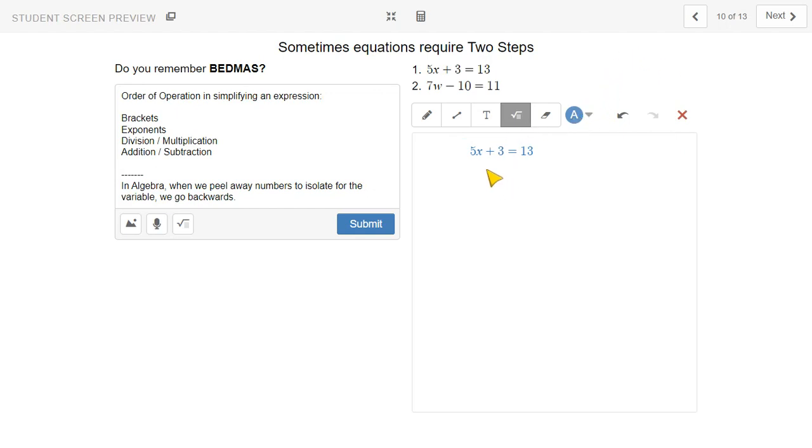We've got two things going on here that are being applied to the x. First thing, we have an operation of plus 3, and the opposite operation would be to subtract 3.